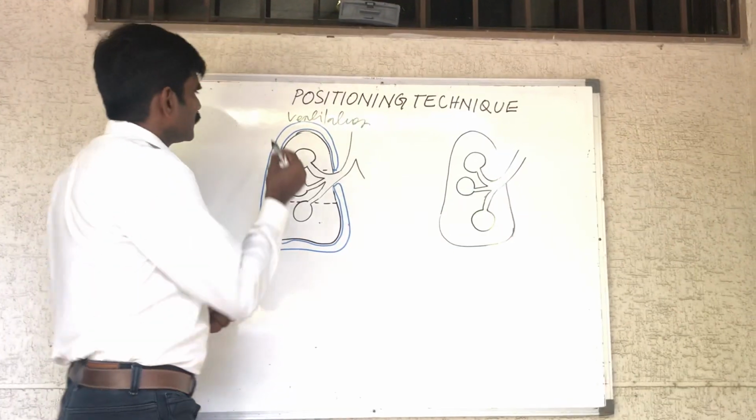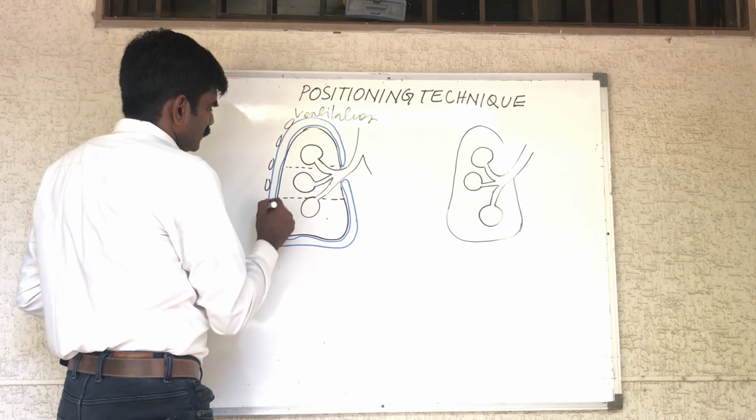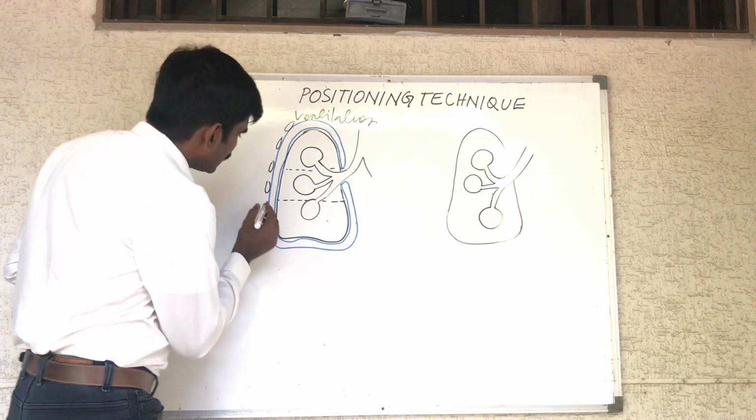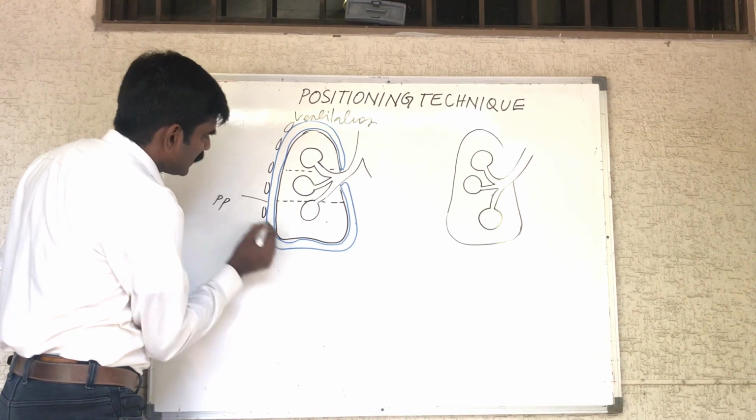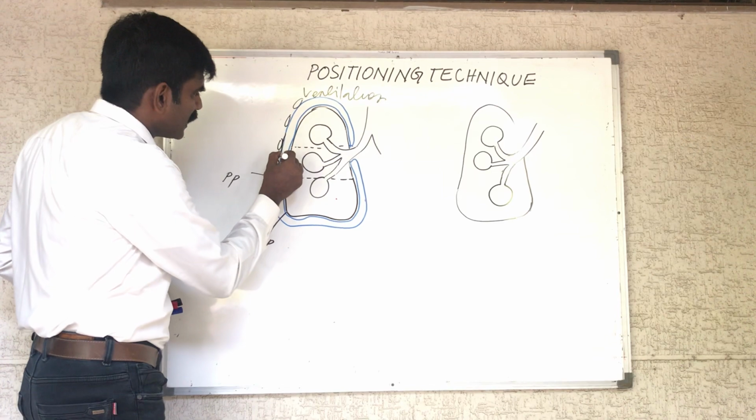Okay, so these are the ribs. This one is the parietal pleura and this one is the visceral pleura. The parietal pleura lies closer to the ribs.